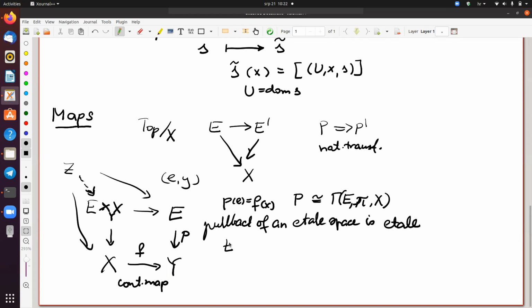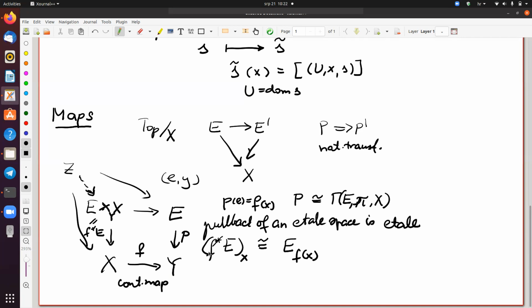So I will call it F star E. So this space is F star E. So F star E at X is a copy of E, in bijection with E of F of X. So you can take one copy of that.